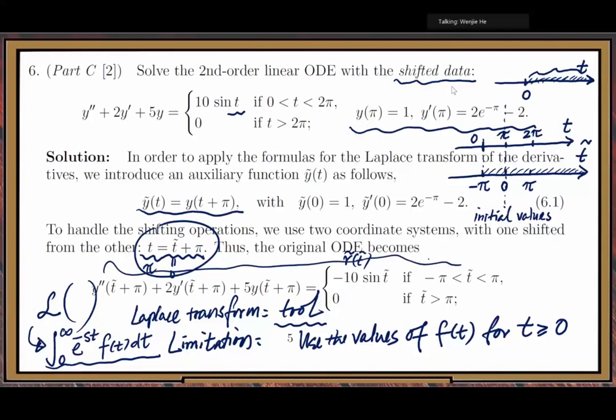After coordinate system translation, suddenly we have this part, t tilde less than 0, between negative pi and 0. So this part is less than 0.